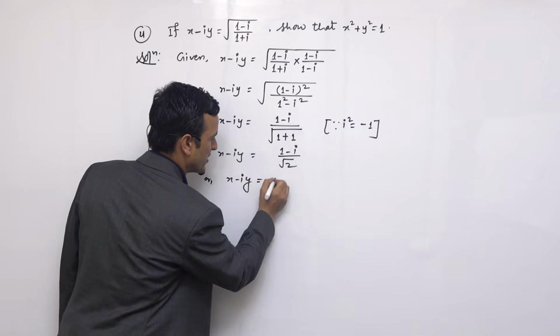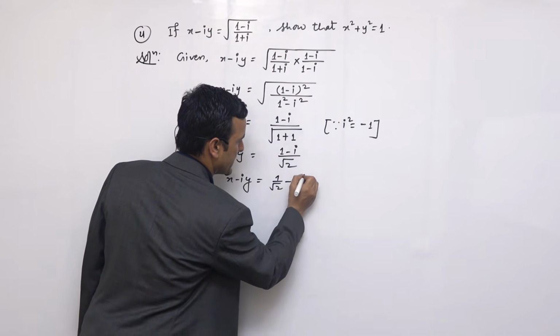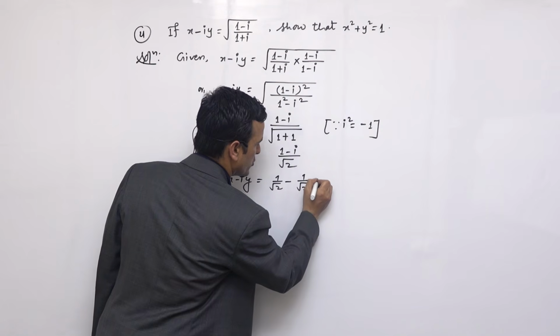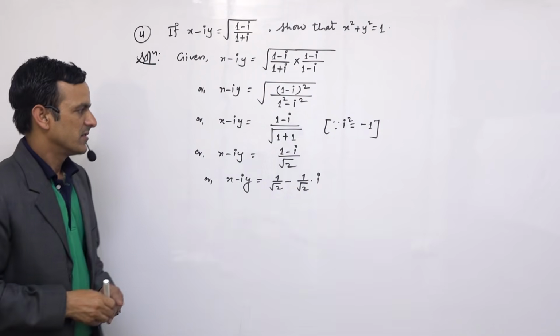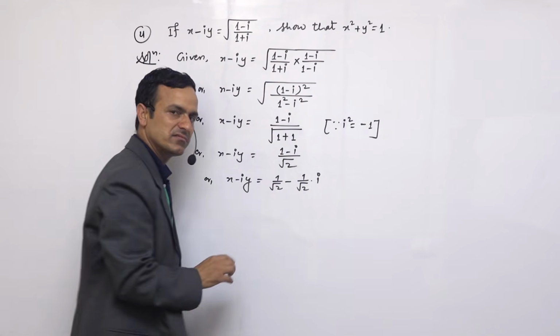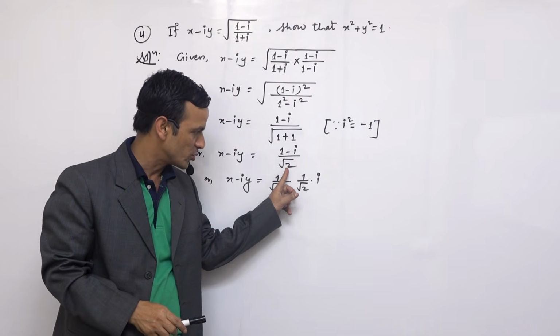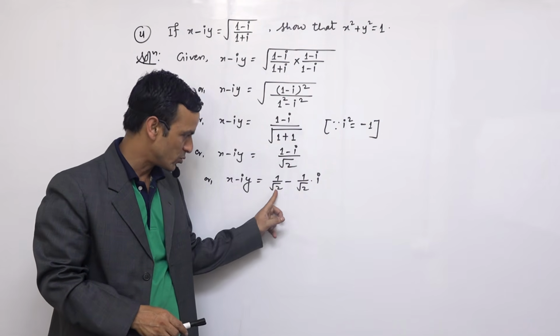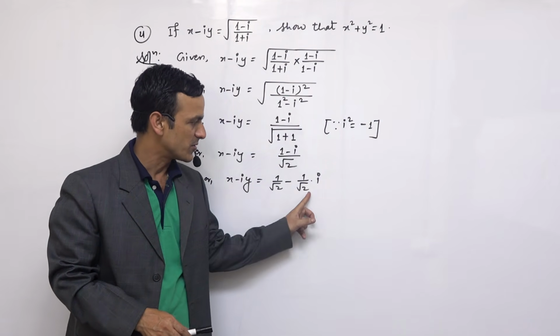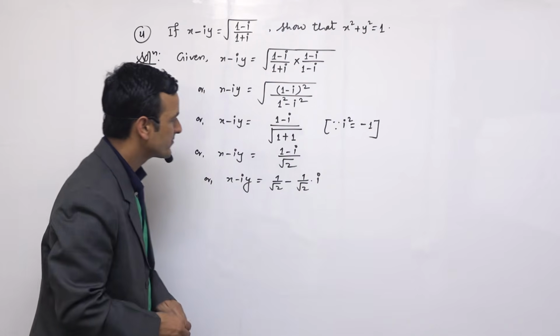x minus iy is equal to 1 by root 2 minus 1 by root 2 into i. If we separate this fraction, then it will be 1 upon root 2 minus 1 upon root 2 into i.